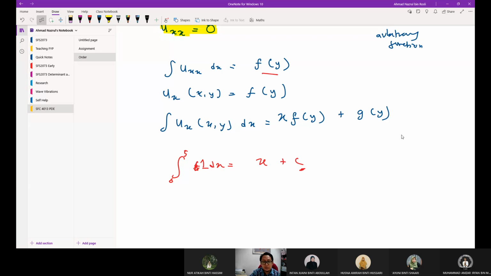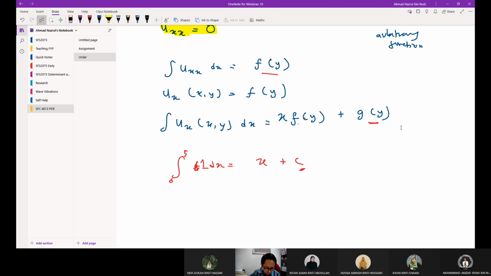Lepas tu dia akan maintain, integrate again. Ni dah jadi macam contoh, integrate f(y) ni 2 lah contoh. Integrate 2, you can get 2x, and then plus another arbitrary function, so g(y). Tapi kita integrate by x.